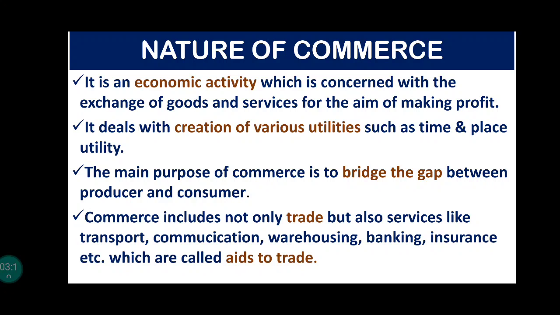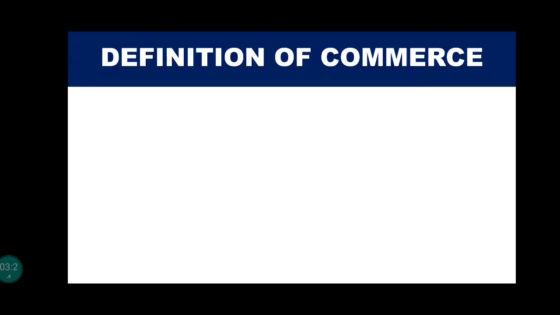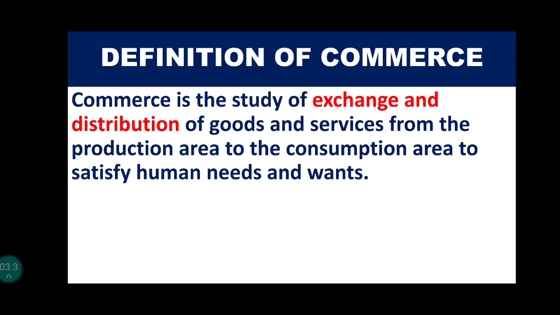Commerce includes not only trade but also services like transport, communication, warehousing, banking, insurance, etc., which are called aids to trade. We will see this in detail, trade and aids to trade, in this chapter. Now by this we can define commerce.